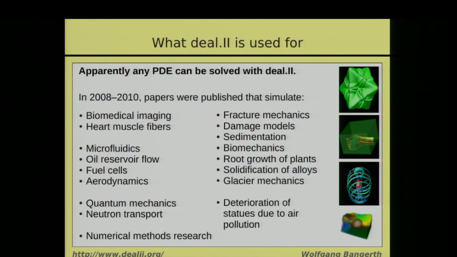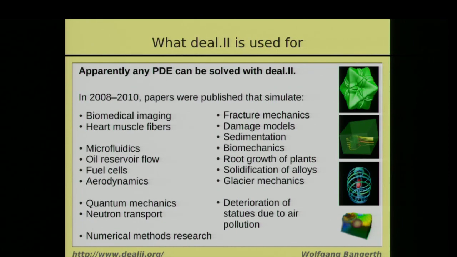So there's papers, for example, that use deal.II on biomedical imaging, on simulating heart muscle fibers. Then in fluid dynamics, microfluidics, oil reservoir simulations, fuel cell simulation, aerodynamics. People used it for physics studies in quantum mechanics and in neutron transport. Of course, they use it for numerical methods research, which is my own background and the background of the institute that we started this in.